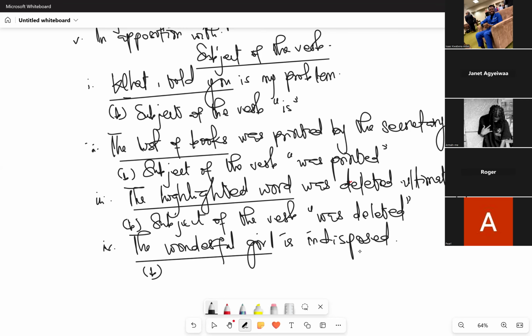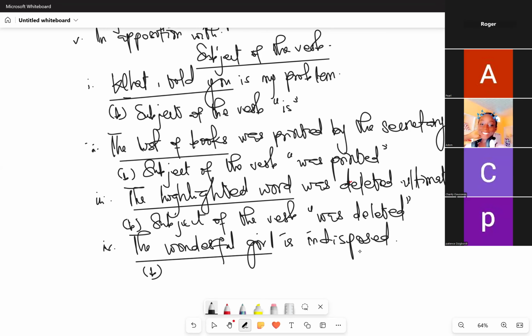What's the function? Subject of the verb is. Good.